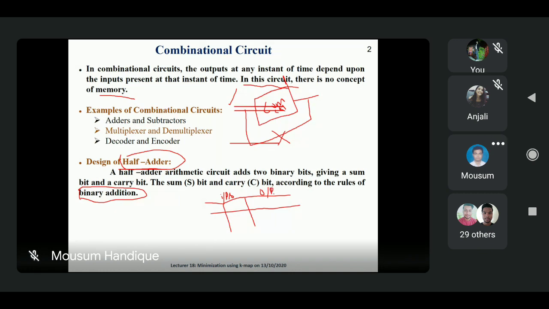Suppose I'm using inputs A and B, and the outputs are sum and carry. If we are using 2 bits, 2 to the power 2 means 4 combinations. So 0, 0, 0, 1, 1, 0, 1, 1.